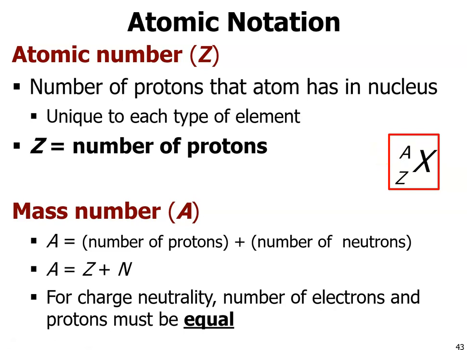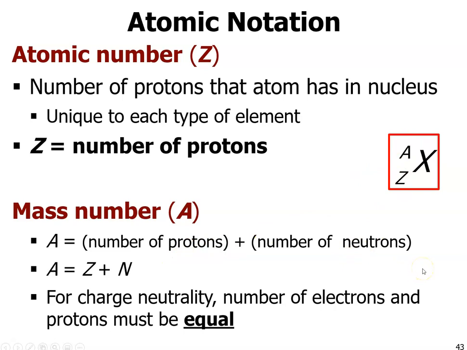Now, the number of neutrons doesn't change the chemical characteristics of that element. It just changes the mass of it. Remember, neutrons have no charge, and therefore they're not going to change how the electrons fly around the element in any way. So they don't change the chemical characteristics. To determine A, you take Z and then add the number of neutrons.